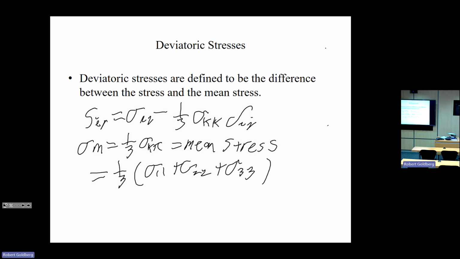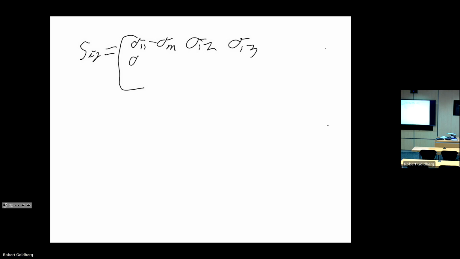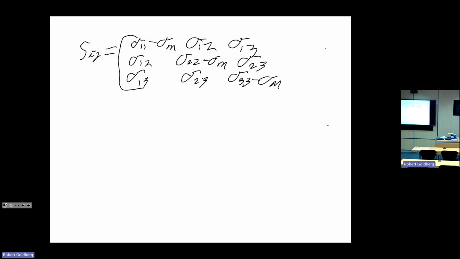And thus we can write our deviatoric stress tensor as sigma 11 minus the mean stress, sigma 12, sigma 13; sigma 12, sigma 22 minus the mean stress, sigma 23; sigma 13, sigma 23, sigma 33 minus the mean stress.